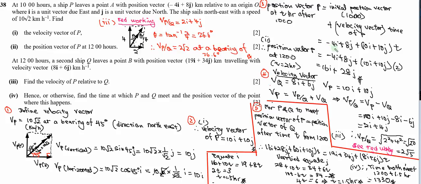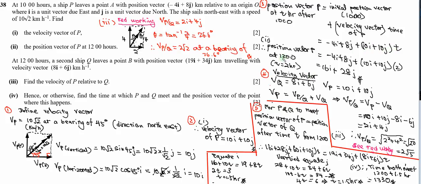The initial position is taken from here, then plus the velocity vector of P, which we already broke down into i and j, times t.